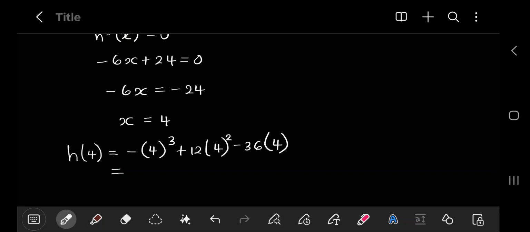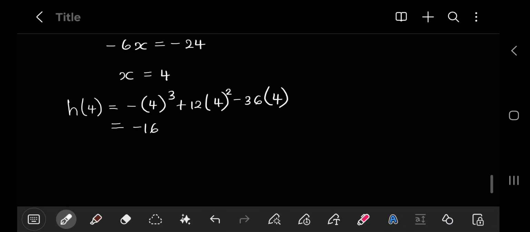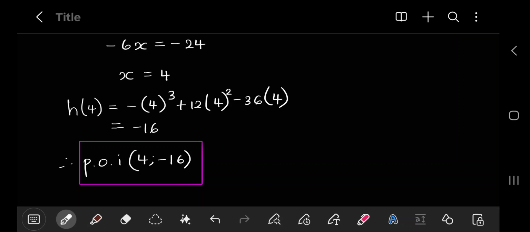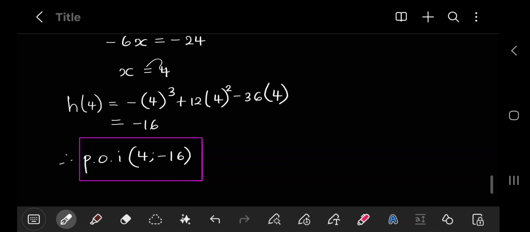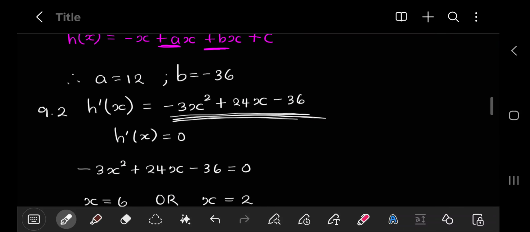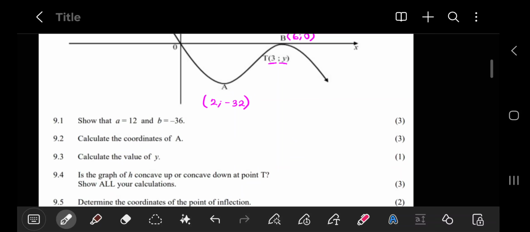That should give you negative 16. Therefore, our point of inflection is positive 4 and negative 16. Okay, so that is it. Second derivative, equate to 0, solve for x. Take that x value, substitute into the original equation, which is your cubic function equation, and that gives you y. So that is our point of inflection. And we are done with this question.